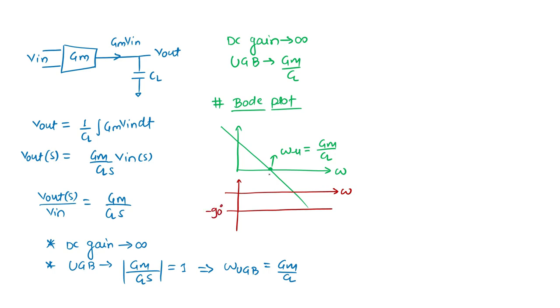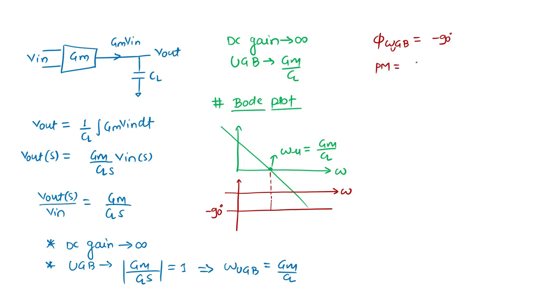So this is the first order system, and at any frequency, the phase is minus 90 because it is constant throughout. So phi at omega UGB is equal to what? Minus 90. So what is phase margin?